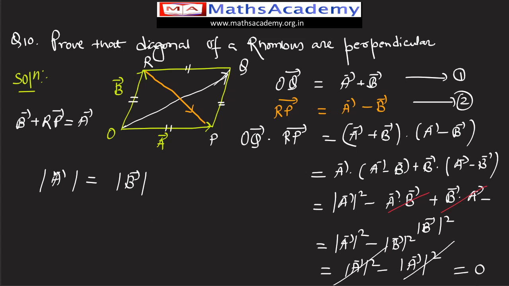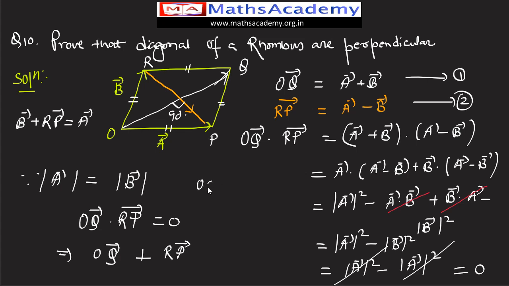Now the dot product of the diagonal vectors is 0, and both vectors are non-zero. This only happens if the OQ vector is perpendicular to the RP vector. That means this angle is 90 degrees, as OQ is not the zero vector and RP is also not the zero vector.